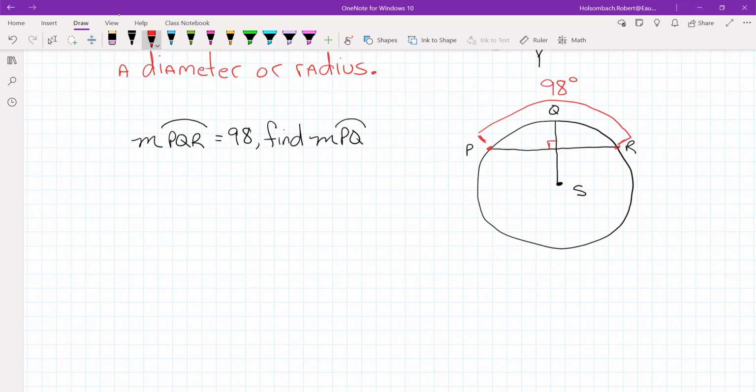Well, if a radius is perpendicular to a chord, then it splits the chord in half and the corresponding arc. So the measure of PQ, isn't it going to be equal to half of the 98? So the measure of PQ equals 98 divided by 2, which is 49 degrees.